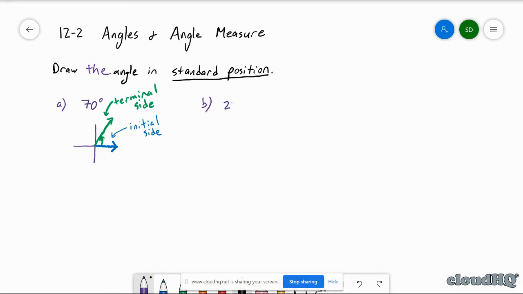Let's go with 225 degrees. The initial side is always in the same spot.